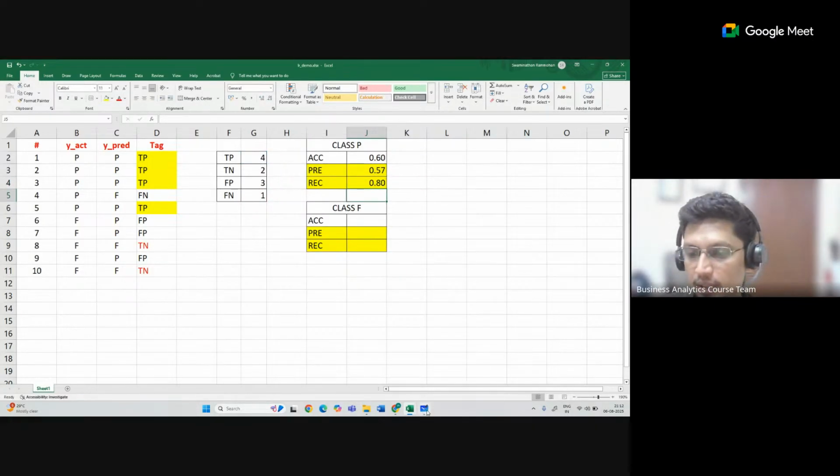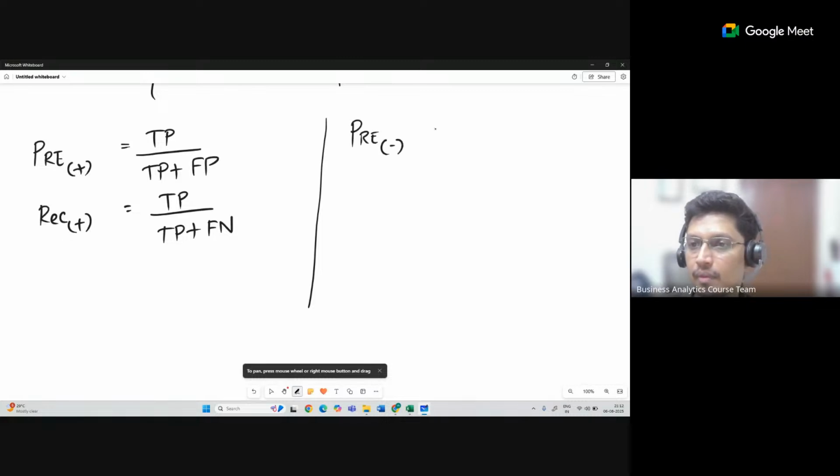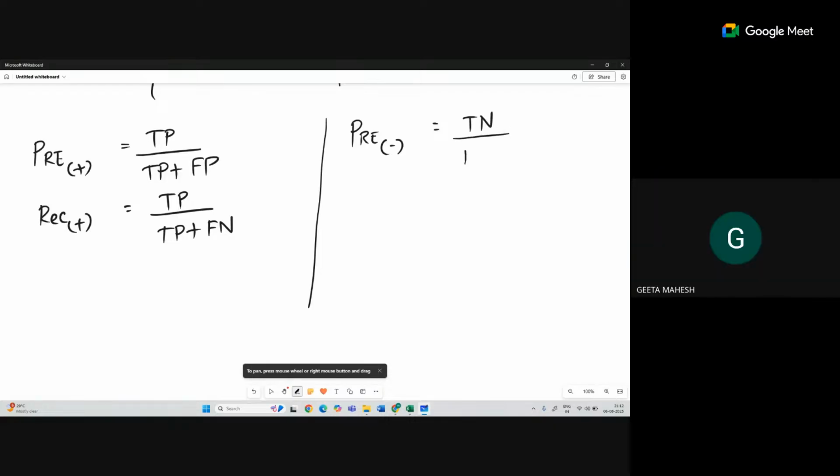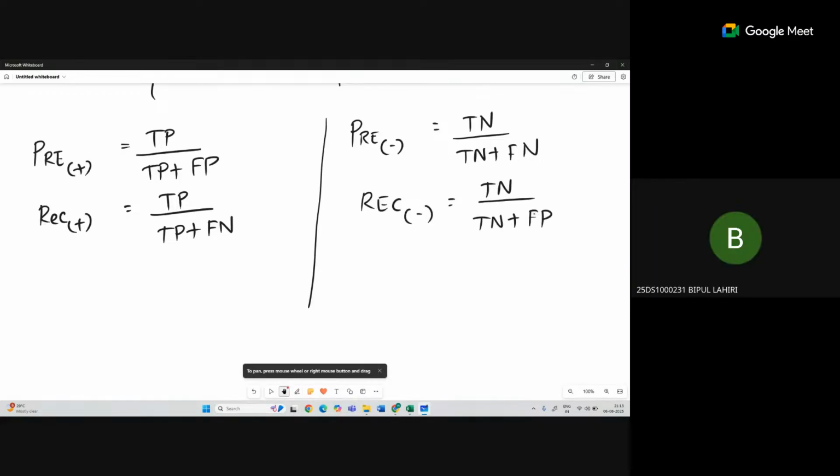What about the negative class? Precision and recall of the negative class. Anybody knows the formula? Same thing, in place of positive we will place negative. So recall of the negative class will be true negative by true negative plus false positive. Good.